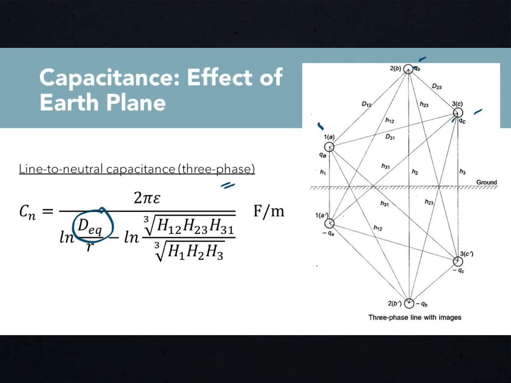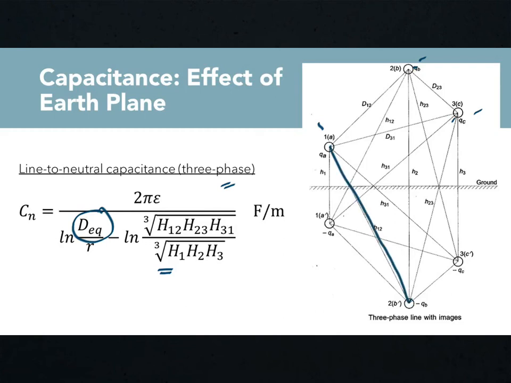And here, it's a new one also. Di ba, dun sa single phase, you are considering the effect of the height nung true conductor, and then its distance from the true conductor to the image conductor? So, it's the same thing here. So, where's your H12? So, for example, this is H12.